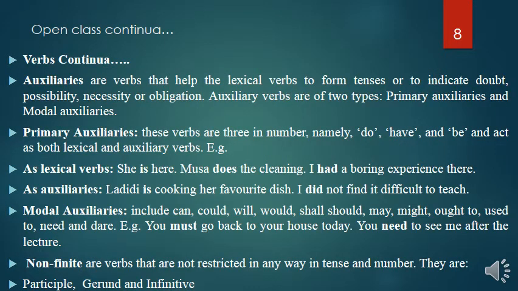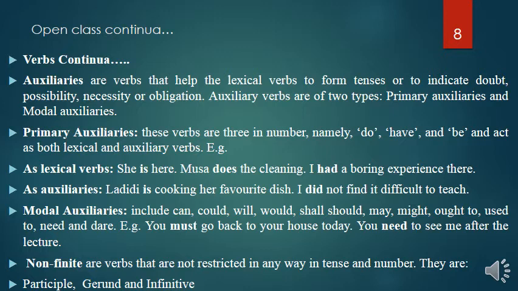Auxiliary verbs are helping verbs that help the lexical verbs to form tenses or to indicate doubt, possibility, necessity, or obligation. Auxiliary verbs are of two types. There is primary auxiliaries and modal auxiliaries.